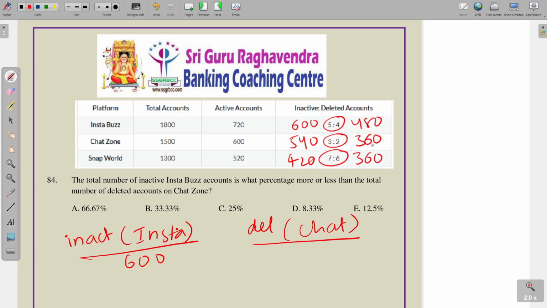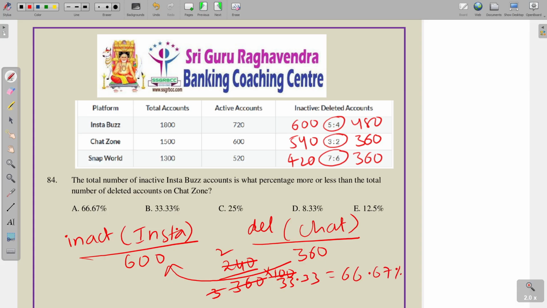On Chart Zone the deleted are 360. What percentage more means? 240 more by 360 into 100, 12 2 times, 12 3 times, 33.33 into 2 is 66.67% is the answer for this question.